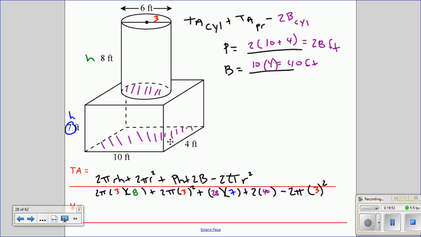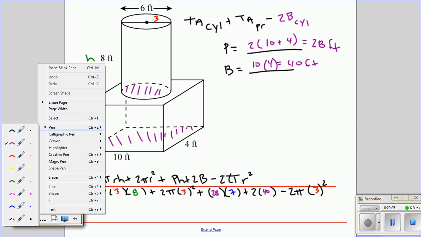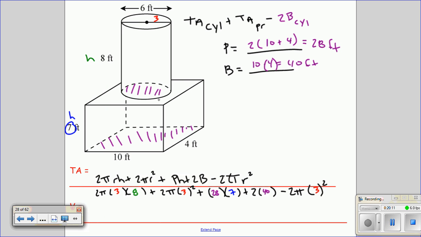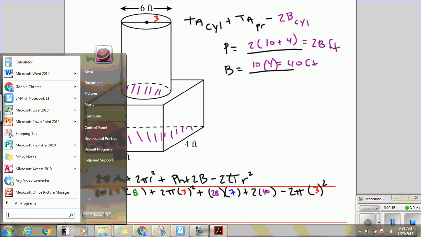And now all numbers are where they need to be. So truthfully, I could type all this in the calculator in one motion or individually. The choice is yours. I'm just going to type it in together.